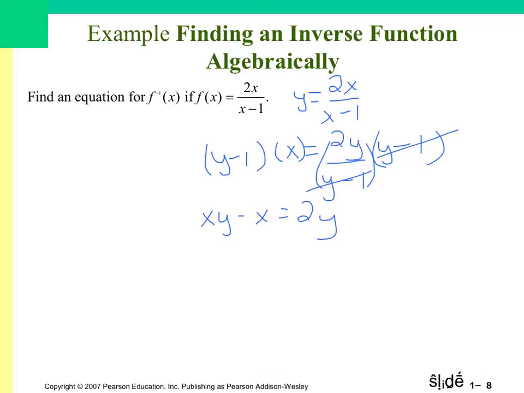Now, I would subtract the xy over. So you get negative x equals 2y minus xy. Factor out the y.